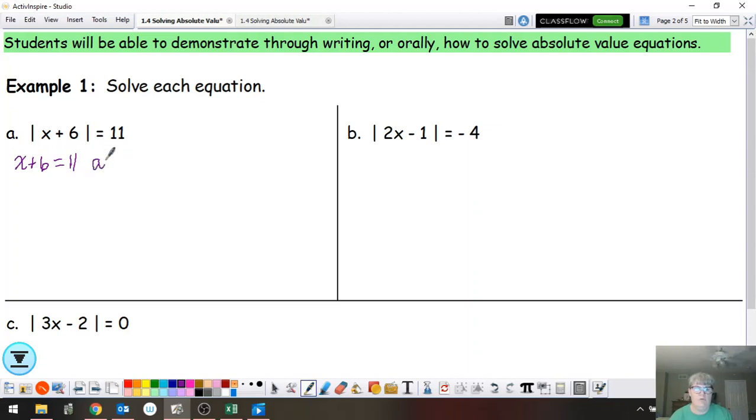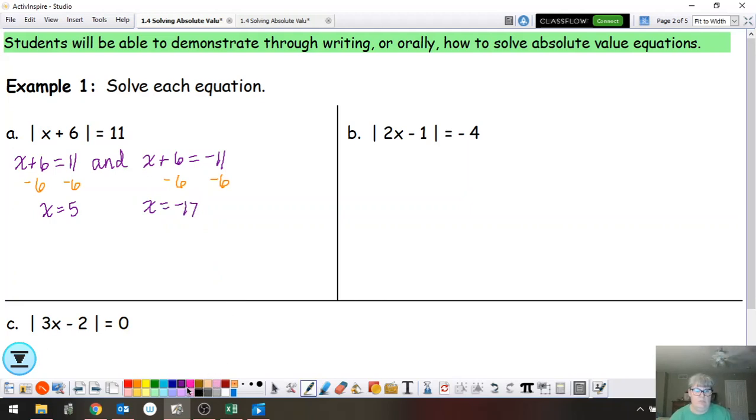But I also know if I were to go the other direction on the number line, that x plus 6 could be -11. So I need to solve both of these equations. I'm going to subtract 6 from each side of each equation. So in the first equation, we have x equals 5. And in the second equation, we have x equals -17.